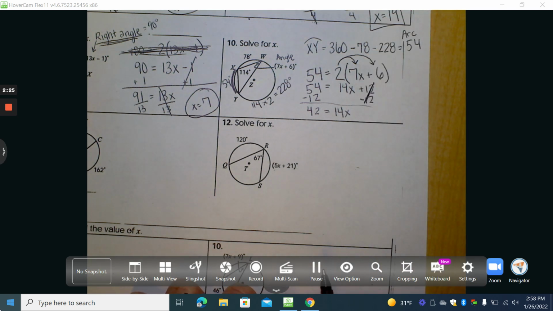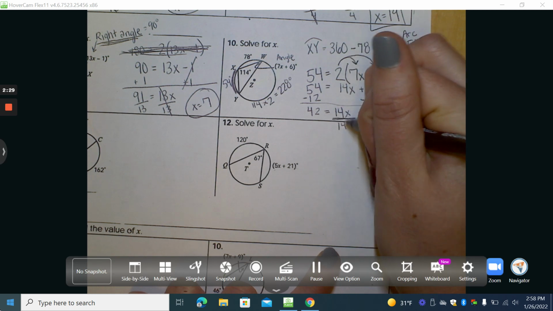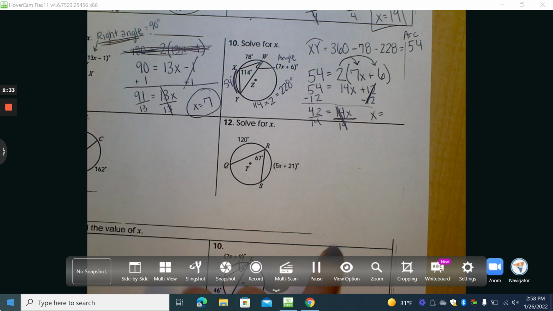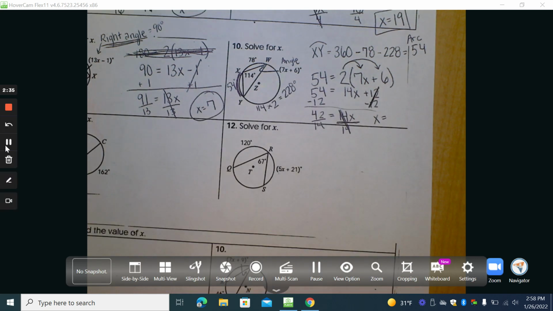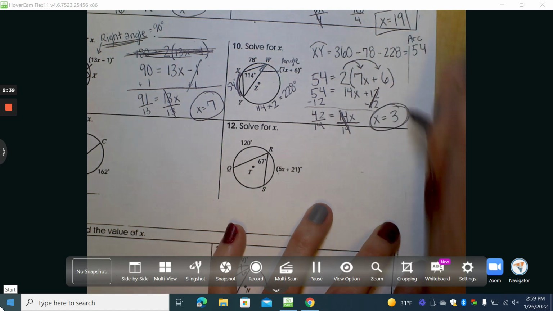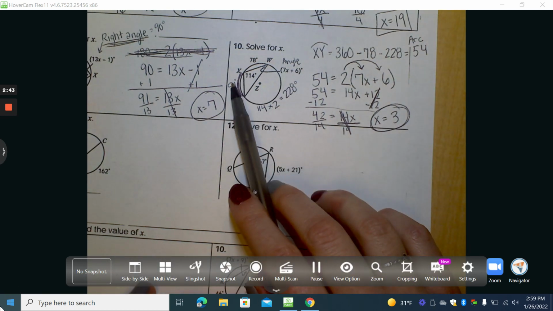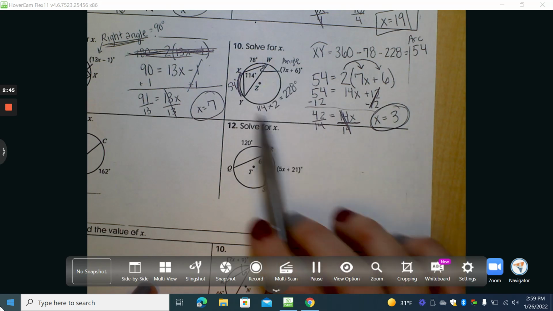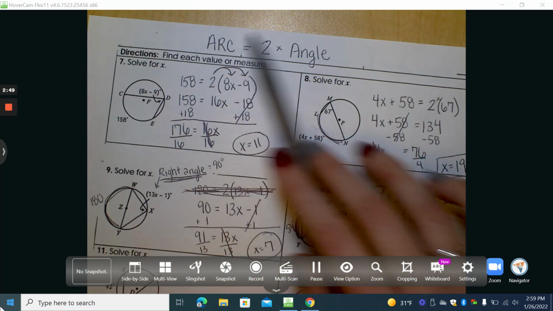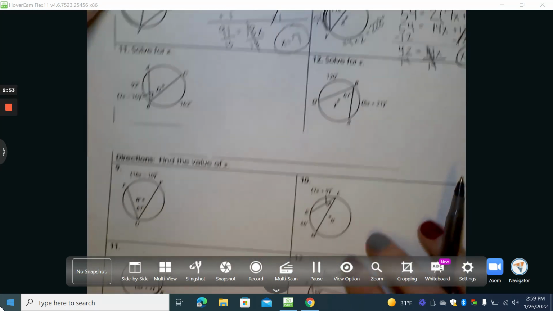And my last step here, 14x, in order to get rid of that 14, I'm going to divide by 14. 42 divided by 14 is 3. And that is my final answer for number 10. So I didn't know the arc, so I had to work my way backwards and find the arc in order to set up my equation. The goal is to know your arc and your angle so that you can set up an equation.